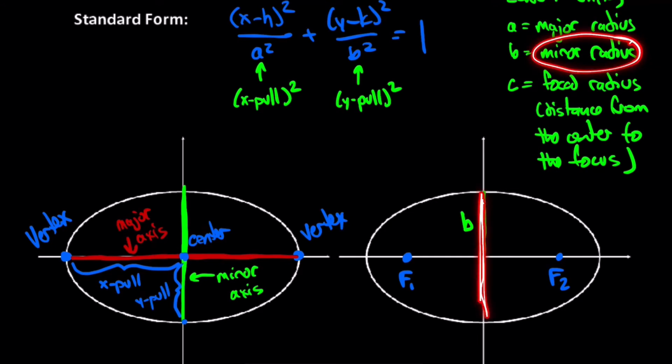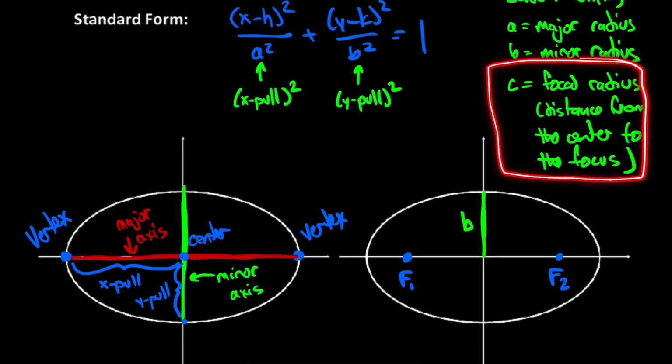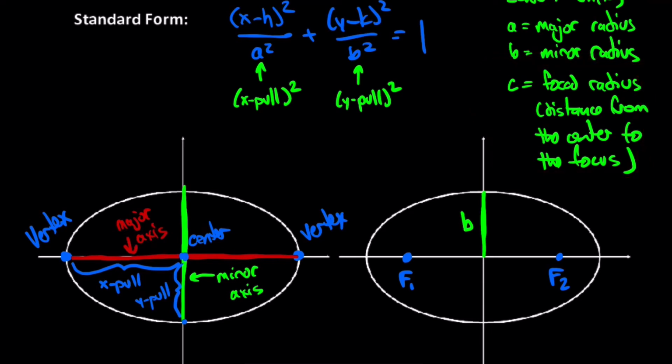This is the shortest axis, so that's the minor axis, and that's the minor radius, which goes from the center to this endpoint. Well, here I told you that C, lowercase c, not to be confused with the center, is the focus radius, or focal radius. So that distance from the center to a focus is lowercase c.